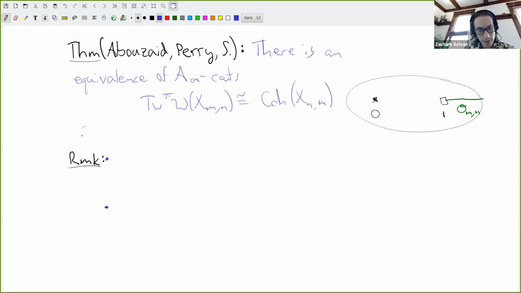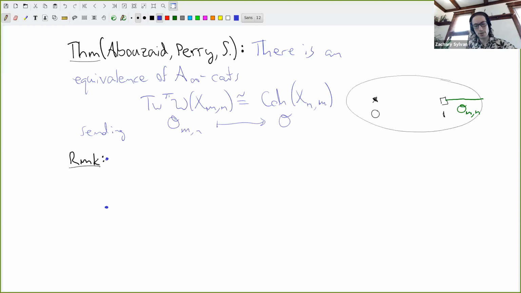And this sends OMN to O. So things to note, we don't actually need to exhibit this thing fully explicitly.